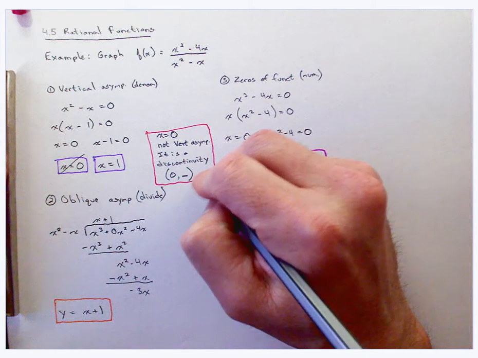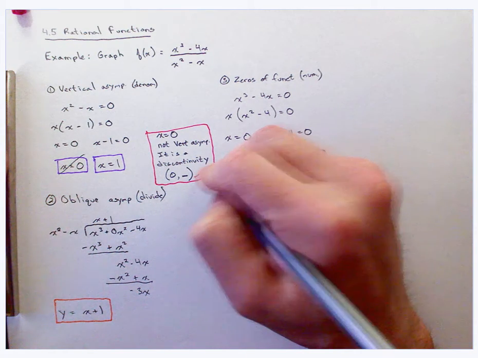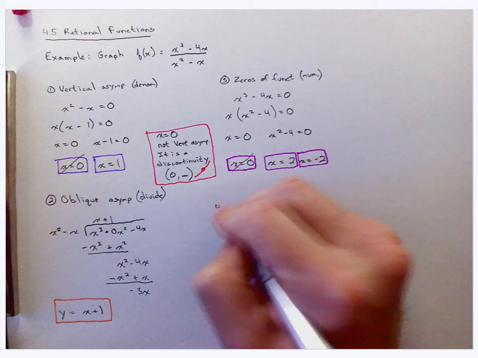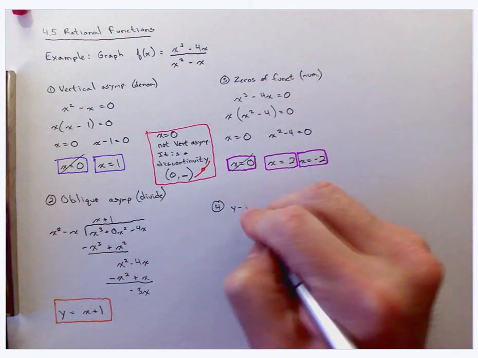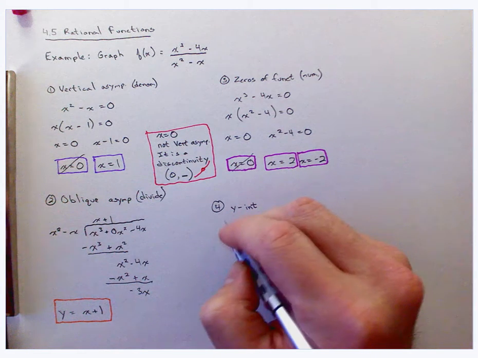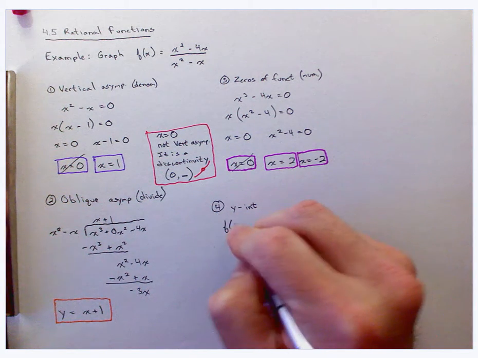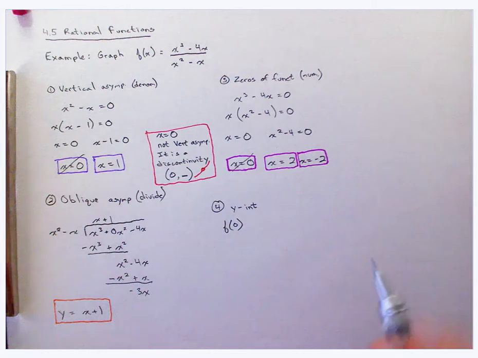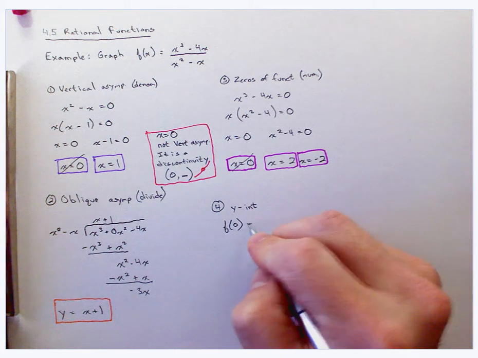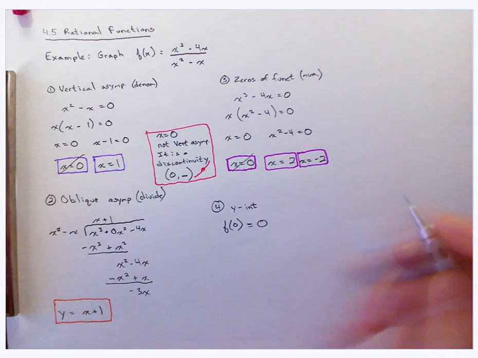Remember, discontinuity, there's my graph, and then I just have an open circle. And again, Desmos won't show that, it'll show just the graph of it. Let's find the y-intercept, and that simply means to plug in for f of x. And if you notice, I have no constants, so everything will just go to 0.